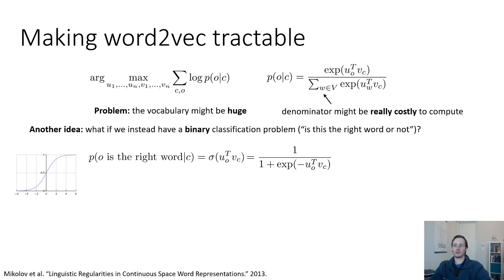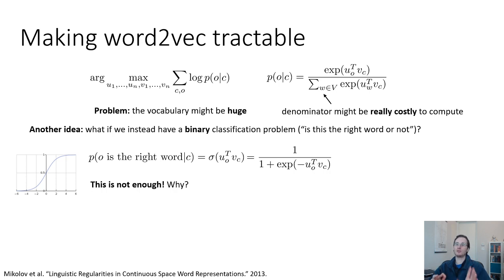But by itself, this is not good enough. If I take this P of O is the right word given C, and I replace the P of O given C in the original objective with this thing, what's the bad thing that might happen? Imagine if all the U vectors and all the V vectors are exactly the same and gigantic, such that for any U vector and any V vector, their dot product is a very large positive number.